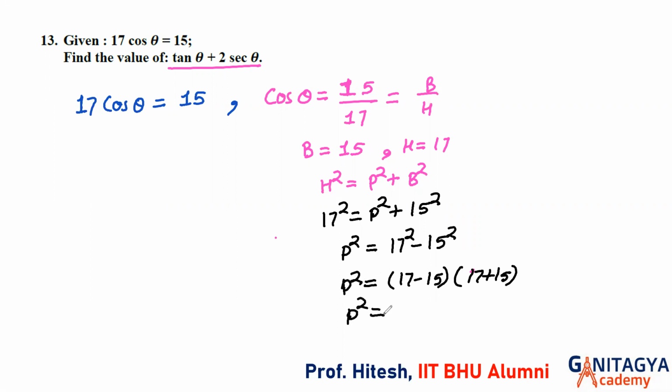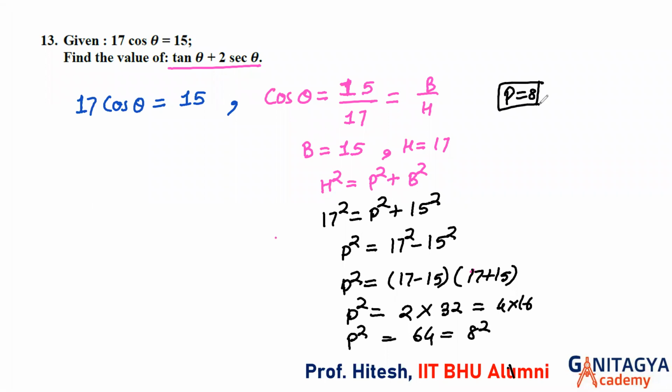So p square will be 17 minus 15 will be 2 and 32. So it will be 4 into 16, that is 64. So it is 8 square. So p will be 8.